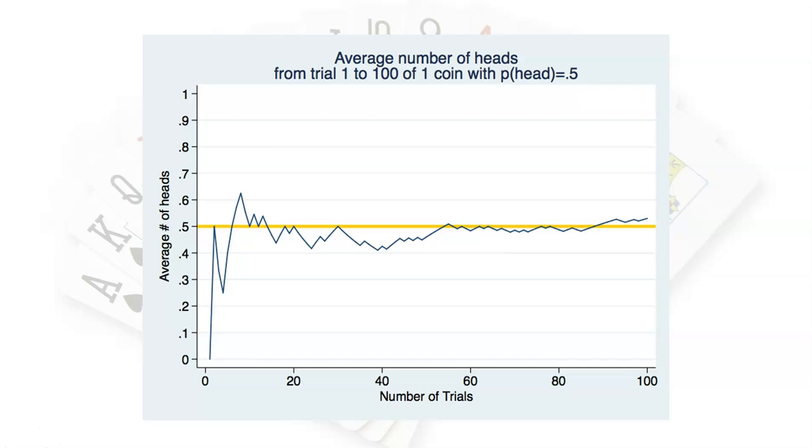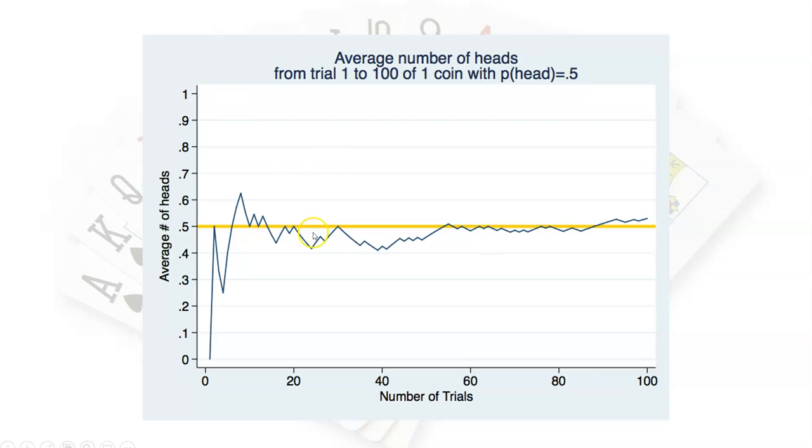This is an example of a computer simulation that actually ran. This is real data. This is not just a made up picture here, where the computer simulated flipping a coin over and over and over again. It did 100 trials of it, and then it kept track of how many heads it came up with.